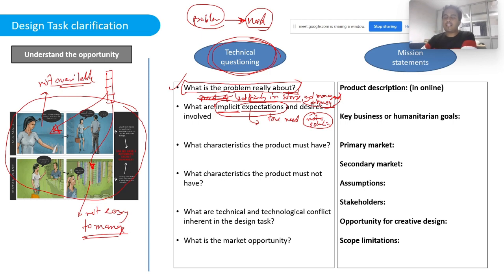We have a tendency, whenever we ask people, okay, this is a problem, what do you think is the need? People say, okay, I need a two-wheeler. If you ask someone, okay, it is difficult to go from this place to that place, so what do you think is the requirement? The person may say the requirement is a cycle. That means this is a solution biased statement. So an implicit expectation is basically a true need.